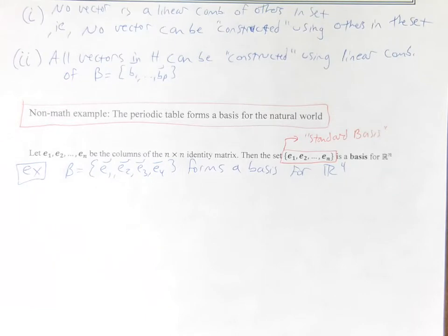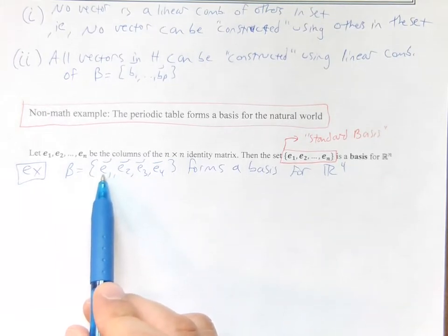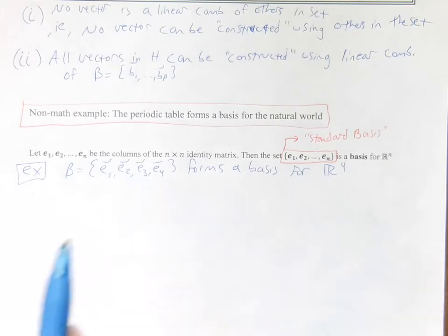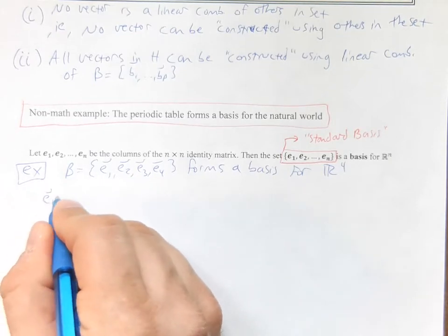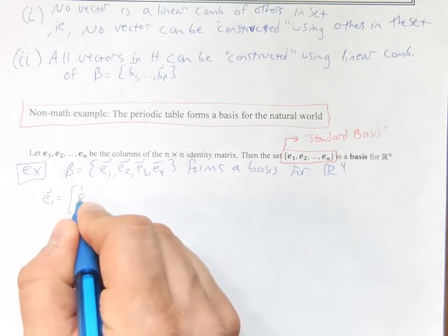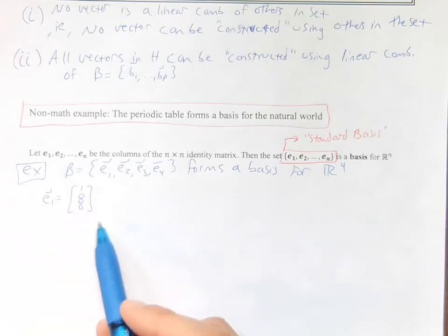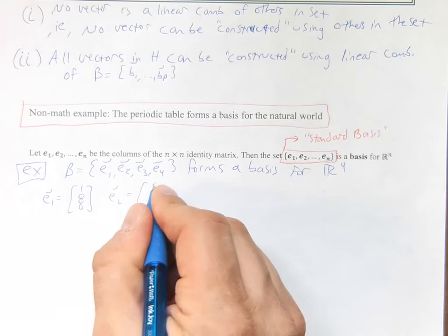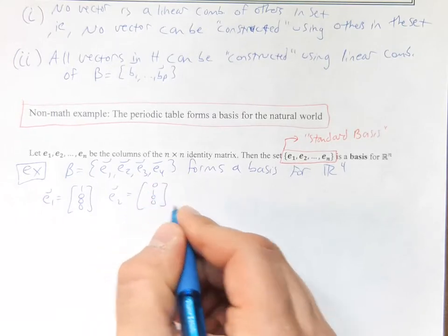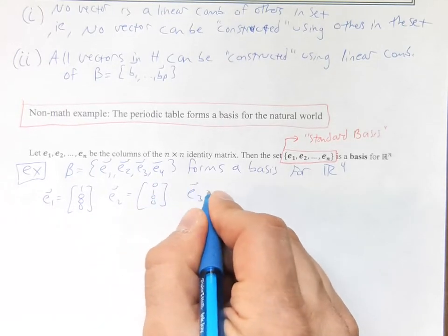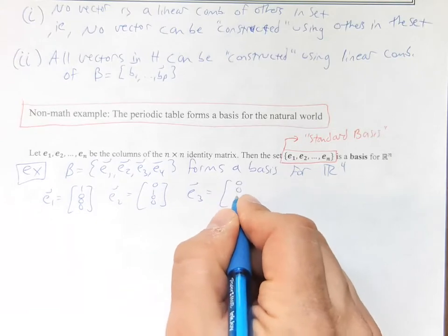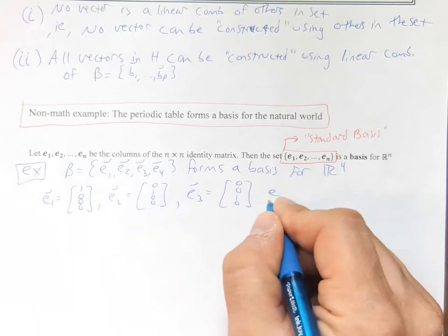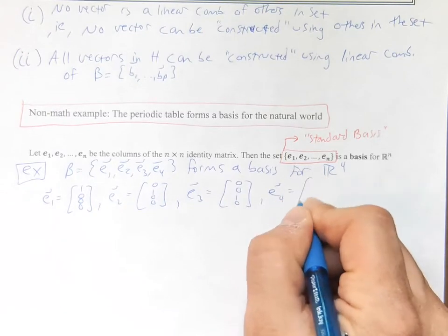And again, remember, E1 has a 1 in the first entry and 0 everywhere else. E2 has a 1 in the second spot. So like this, for example: E1 is 1, 0, 0, 0 because we're in R4, so they have 4 elements. E2 has a 1 in the second spot. E3 has a 1 in the third spot. And E4 has a 1 in the fourth spot.